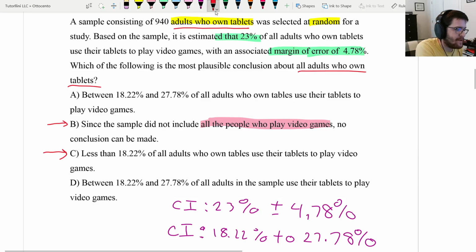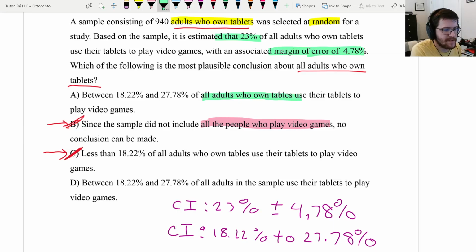So that's definitely wrong. C, less than 18.22% of all adults who use tablets. That's not right. I mean, that's not what the confidence interval tells you. It's got to be between the upper and the lower bound. So those are both wrong. Okay, so A and D, let's see what the difference is. They look pretty similar. Although I noticed this one says all adults who own tablets.